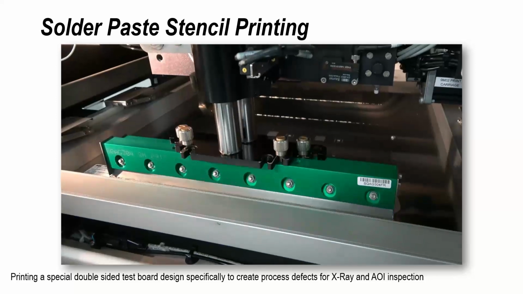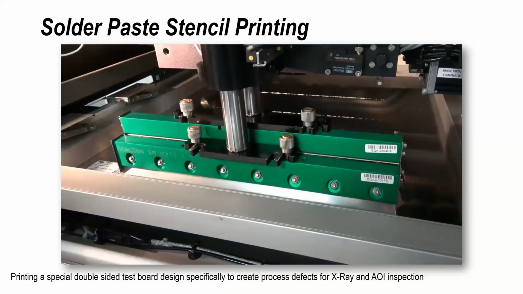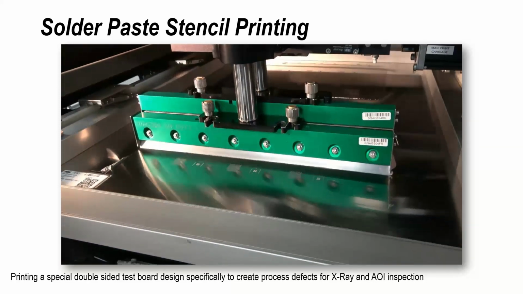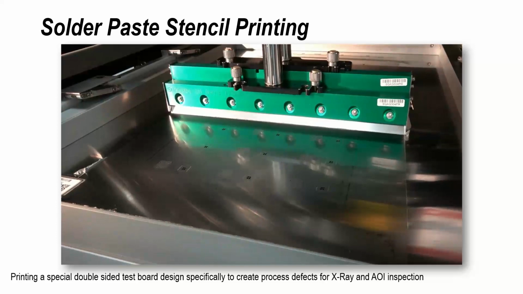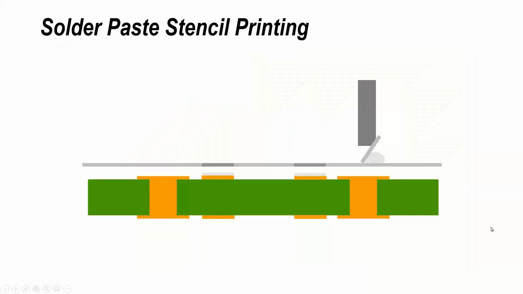So in this example of me printing some defect boards, these are special boards I produced for X-ray and AOI investigations, we're showing the print stroke. And ideally, what we want to see is good separation. What we want to see also is a clean surface. We don't want to see any damage to that surface when we're going through the printing operation. So that's just a classic example of the printing process.